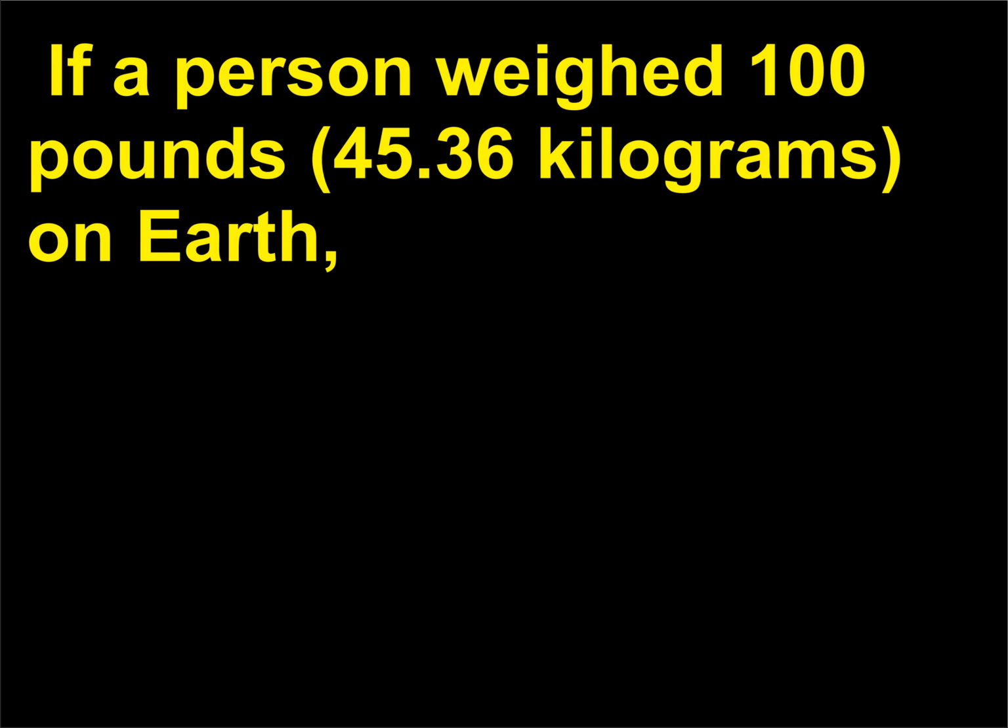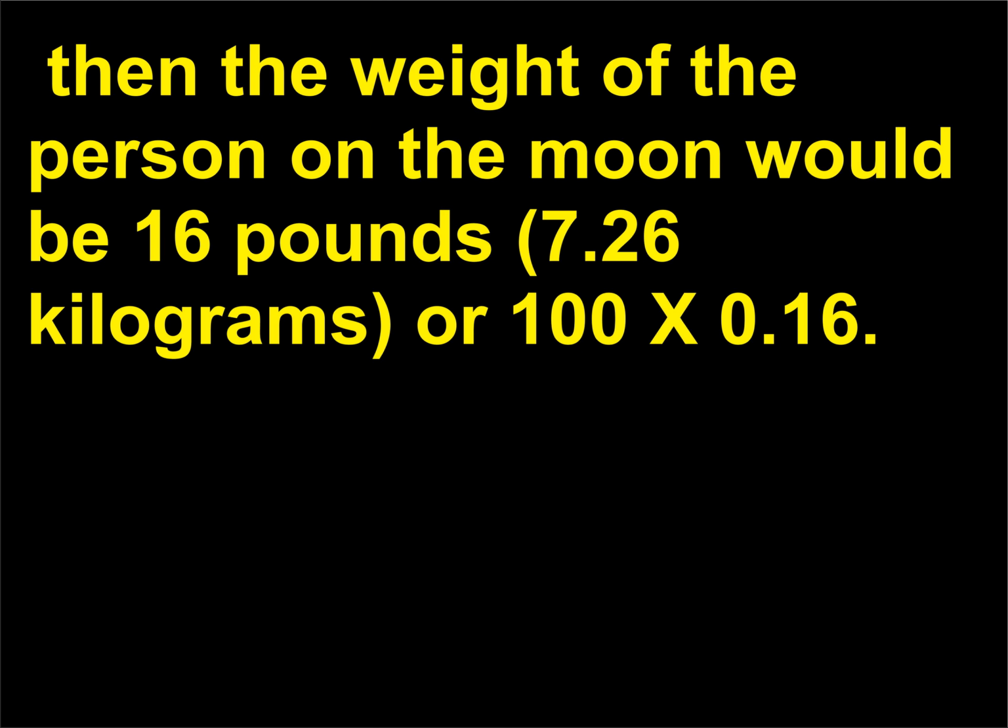If a person weighed 100 pounds, 45.36 kilograms, on Earth, then the weight of the person on the Moon would be 16 pounds, 7.26 kilograms, or 100 x 0.16.